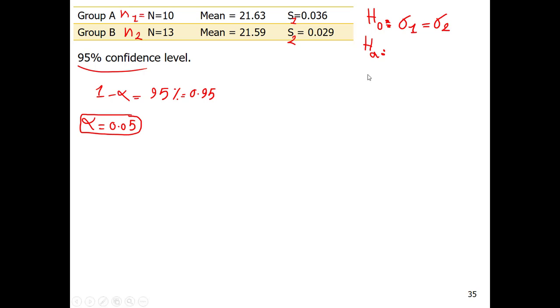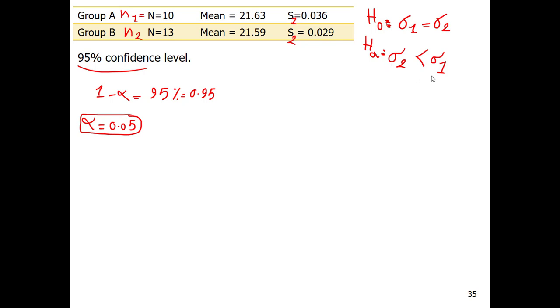Alternative hypothesis: the standard deviation for group 2 is less than group 1. Group 2 is less than group 1.